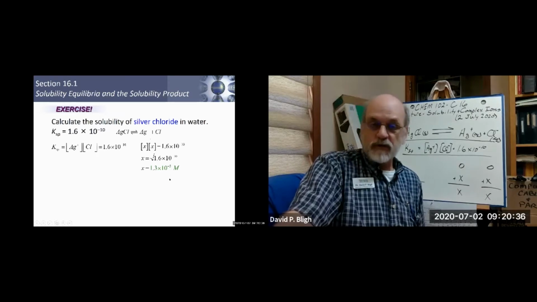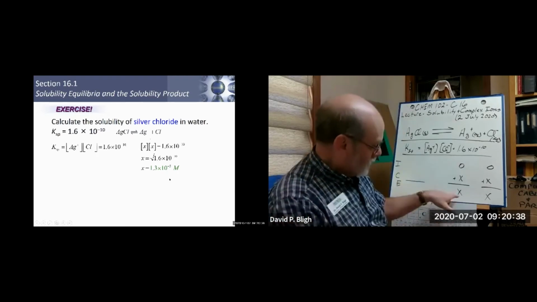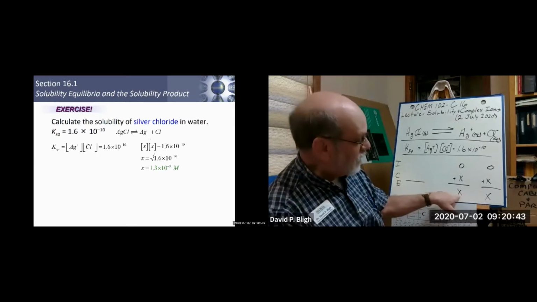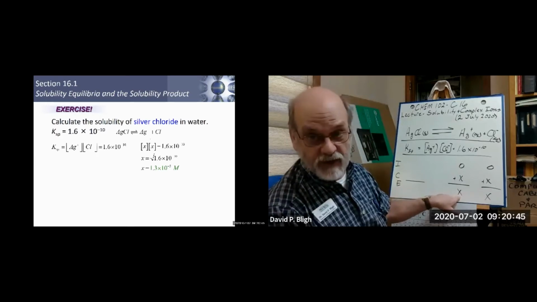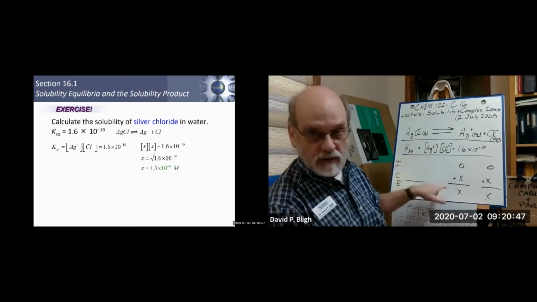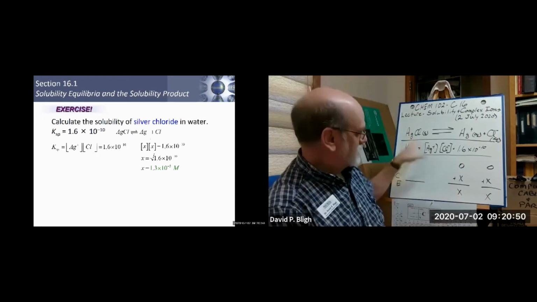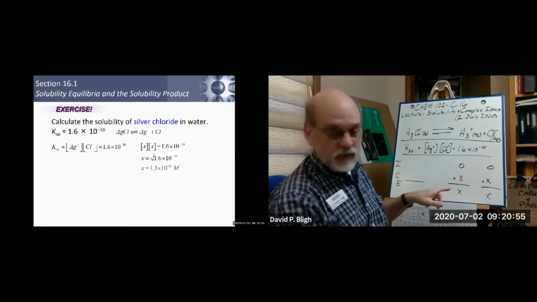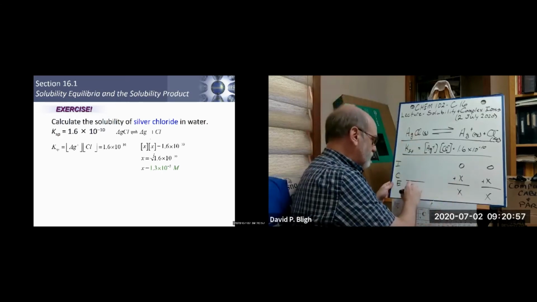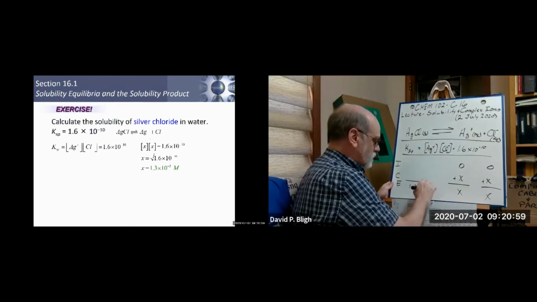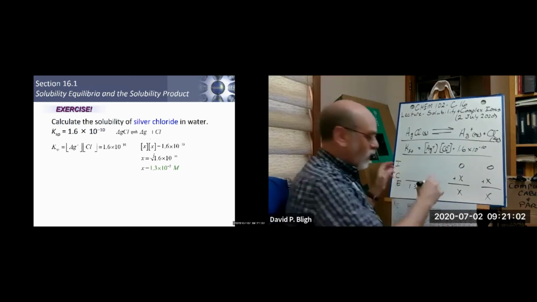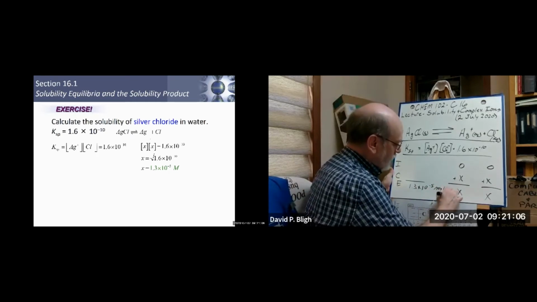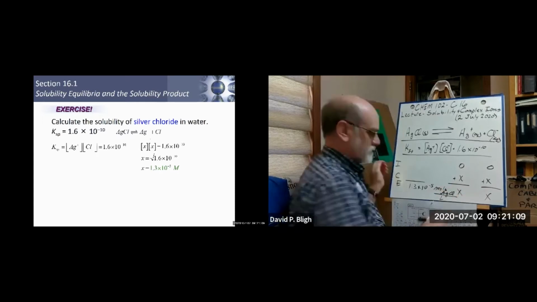x equals 1.3 times 10 to the minus 5 molar. Where did it come from? Well, it came from here. So the solubility at that temperature in pure water is 1.3 times 10 to the minus 5 molar, or moles of silver chloride per liter.